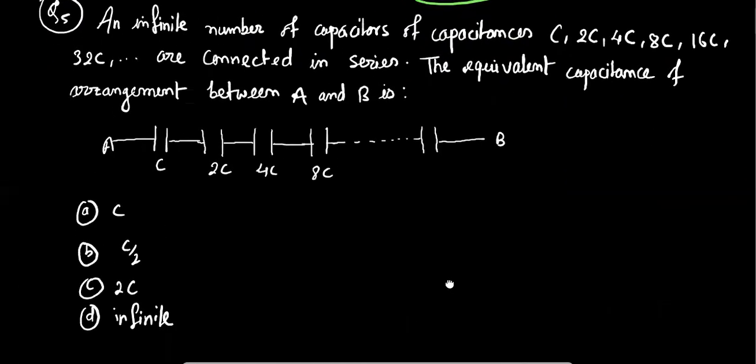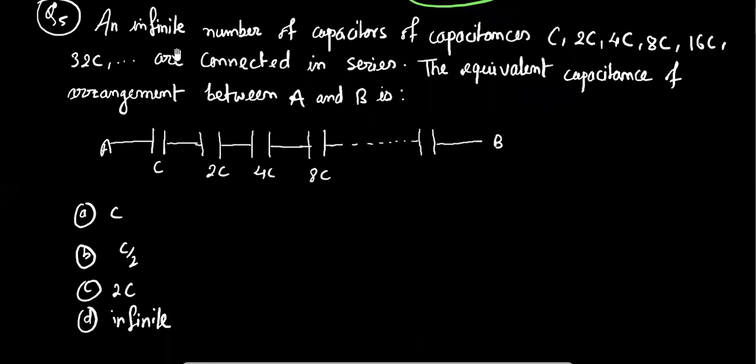Now we are here in question number 5. An infinite number of capacitors of capacitance C, 2C, 4C, 8C, 16C, and 32C are connected in series. The equivalent capacitance of the arrangement between A and B is. So the connection is in series.